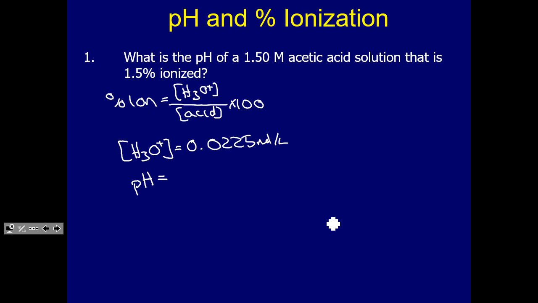If you really want to write it down, you can. What is the pH of that solution? 1.64. So an acetic acid solution that is 1.5% ionized should have a pH of 1.64.